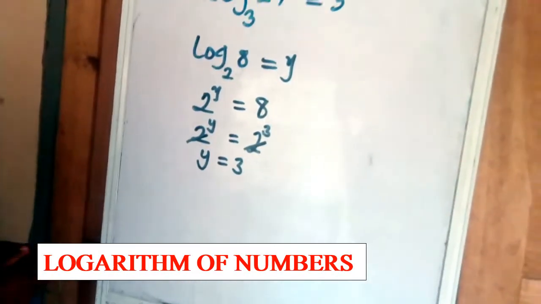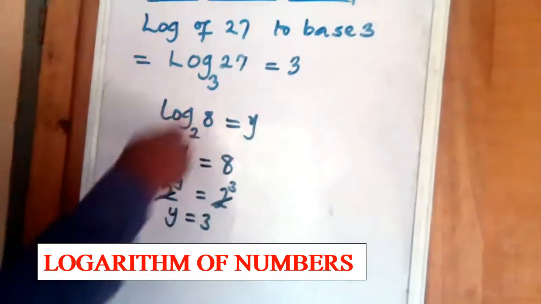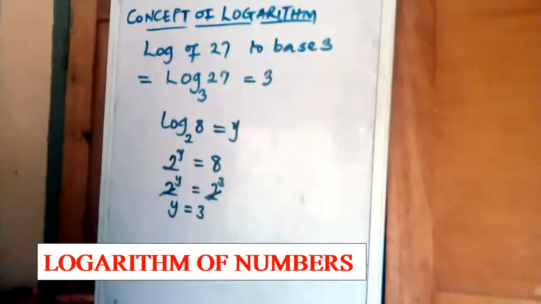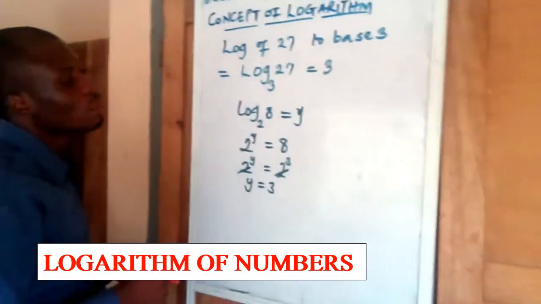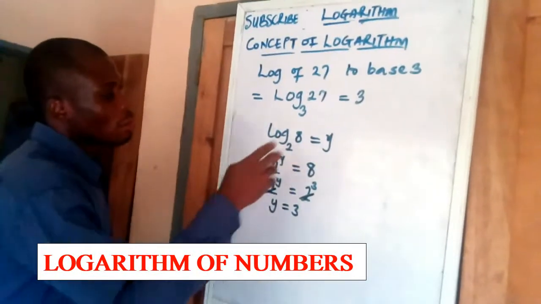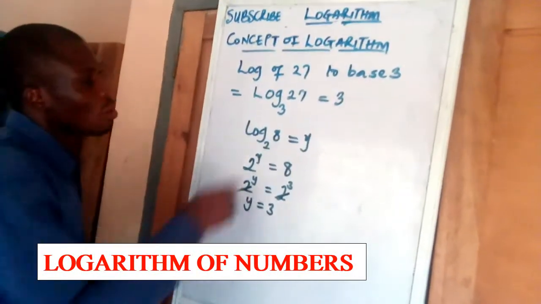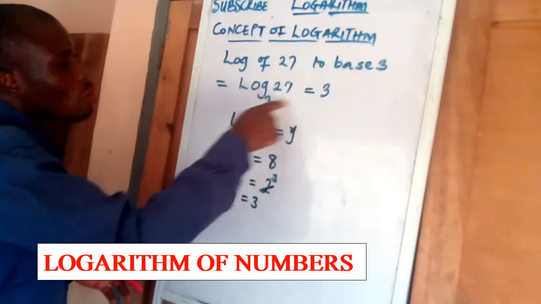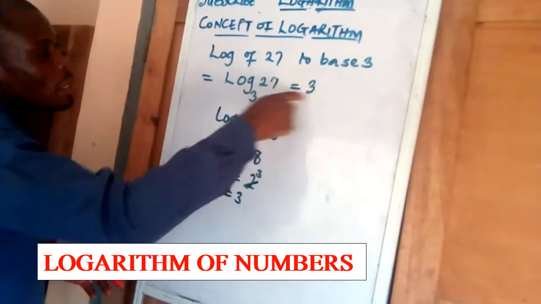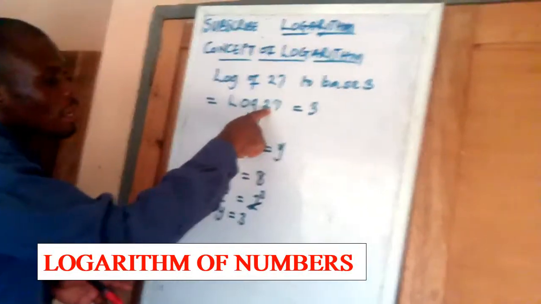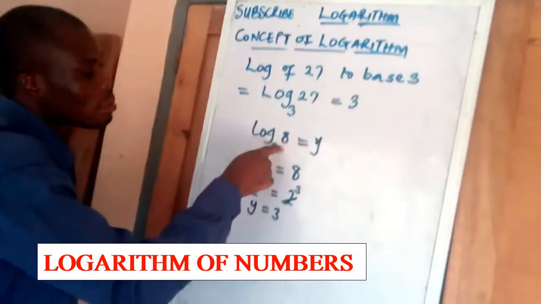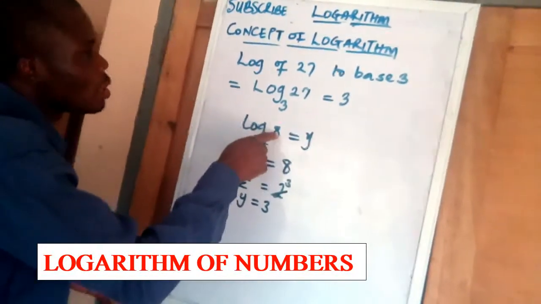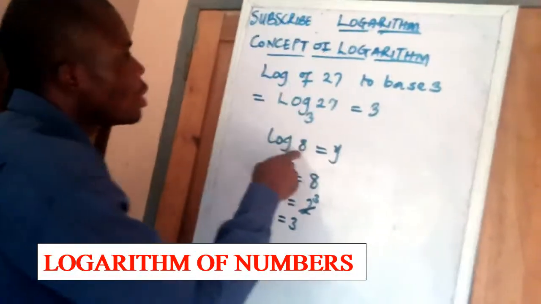So the log of a number is the index that the base will be raised to, which will give you the number. So the log of 27 base 3 is 3, because 3 raised to power 3 will give us 27. And the log of 8 base 2 is 3, because 2 raised to power 3 will give us 8.